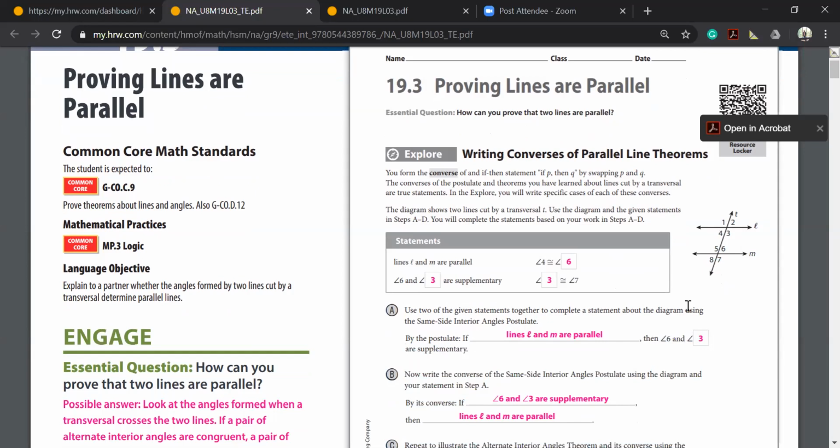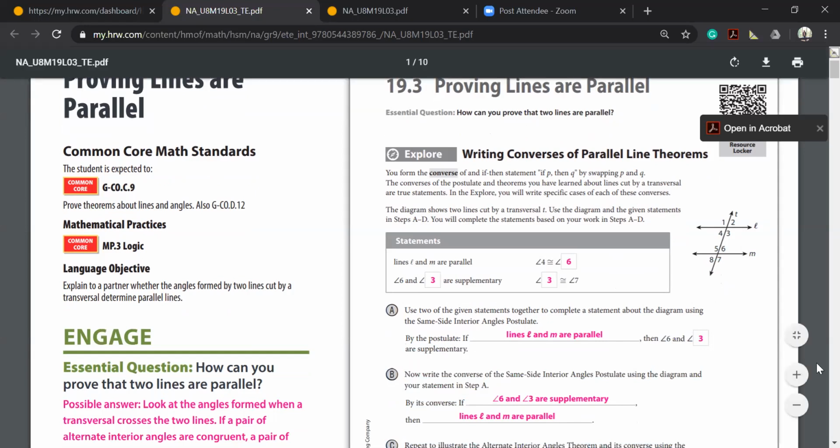So this is called the converse of the postulate. Converse of the postulate means you are swapping the two events together. So if angle 6 and angle 3 are supplementary, then lines L and M are parallel. This is called the converse of the same side interior angle. This might be asked from you in the exam.